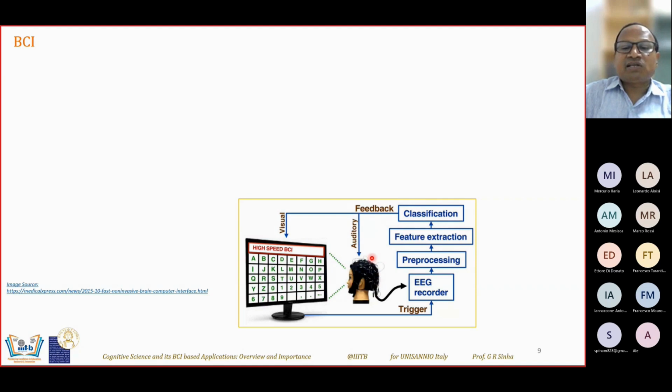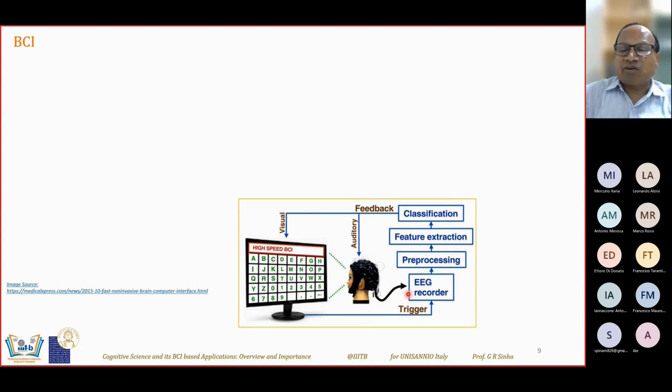This cap-like structure has a number of electrodes, and all those electrodes are put above the scalp of a human brain. You can see the arrow; a number of wires are coming, and those wires are connected to the electrodes placed on the scalp. So what does it do whenever there is a triggering? I will tell you.